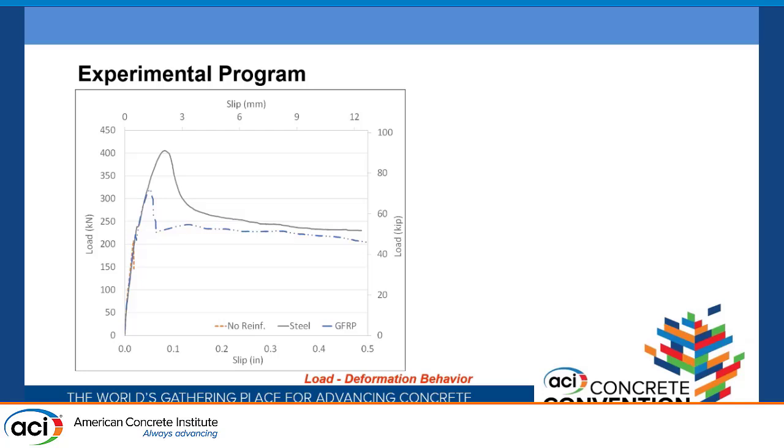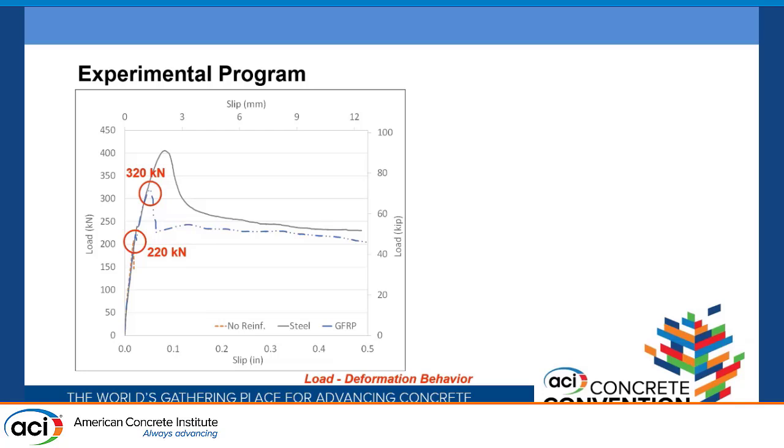And in general, to highlight the contribution of GFRP reinforcement, going from 220 kilonewtons, sorry for the international unit, to 320 kilonewtons in the GFRP reinforcement. So we have an increase in the capacity in terms of maximum load and also in terms of deformation.